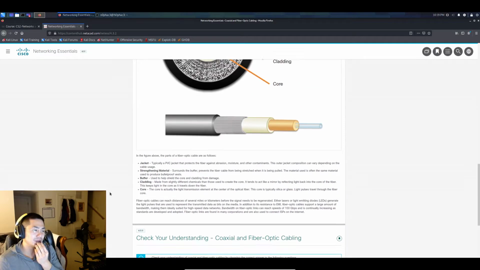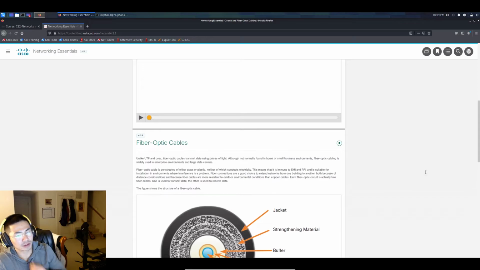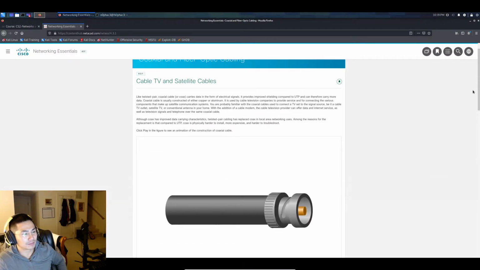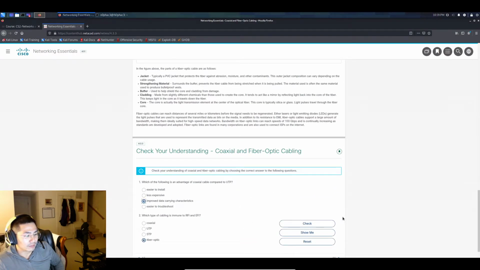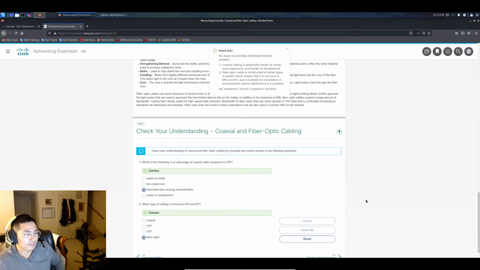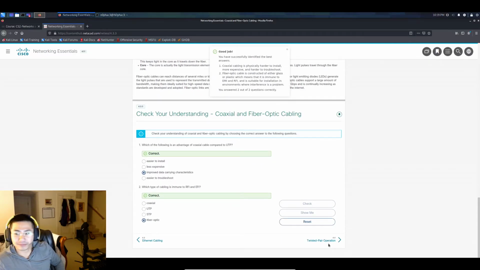The advantage of a coaxial cable over an unshielded twisted pair. Let's see. It provides improved shielding compared to UTP and therefore carries more data. So it seems like it can carry more data.